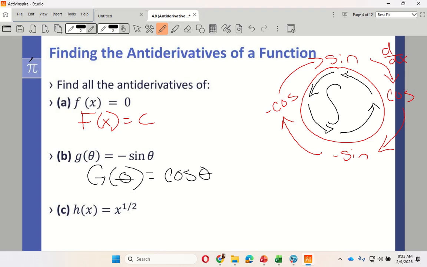Huh? Maybe not. Angel, can you tell me why it's not correct? Oh, constant. Every time there's plus a constant. The constant might be 0, but I have to have a placeholder, because every time we do this, there is the possibility of some constant that was there.